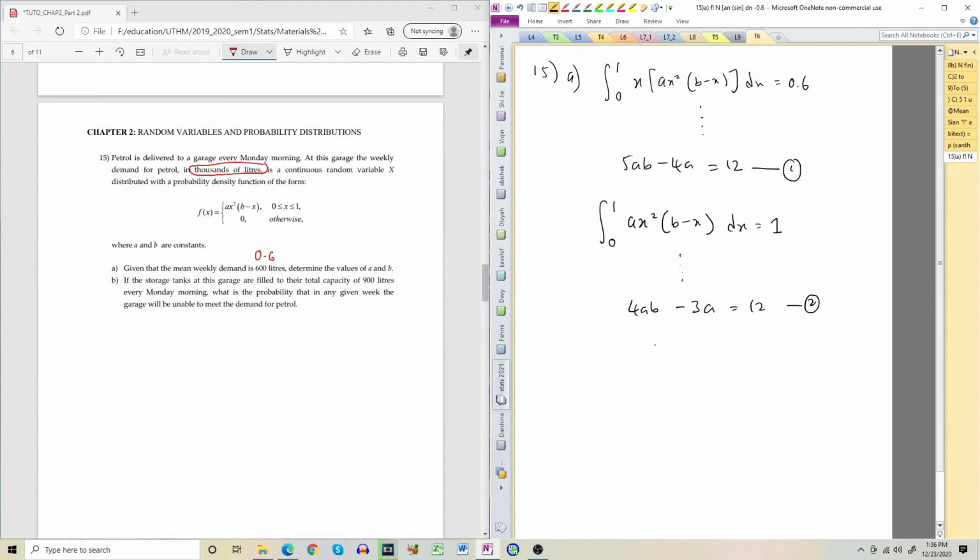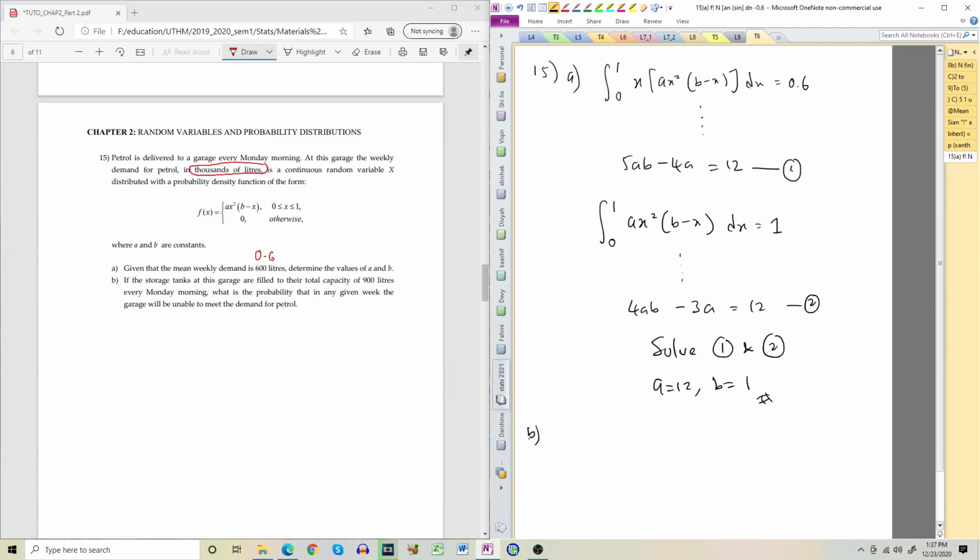Do simultaneous equations, solve 1 and 2, and you will get a is 12 and b is 1. Okay, try to do that.